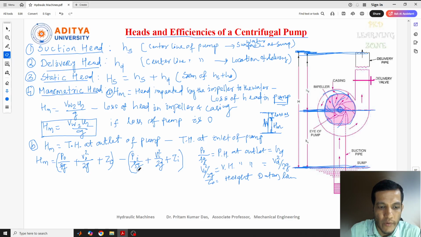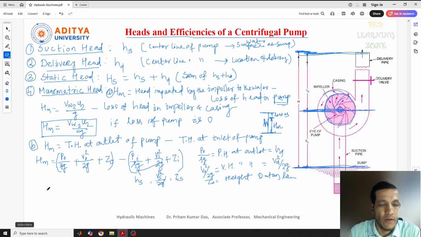So as I have written Hd here, this one I can write Hs, this is Vs square by 2g, and this one I can write Zs.